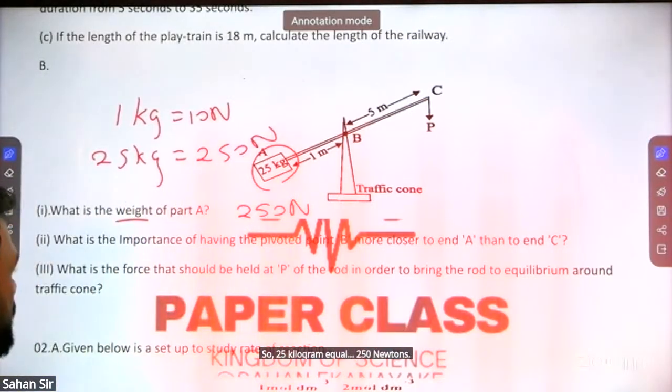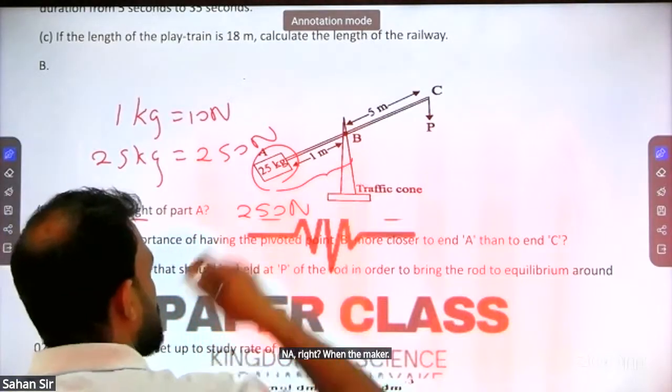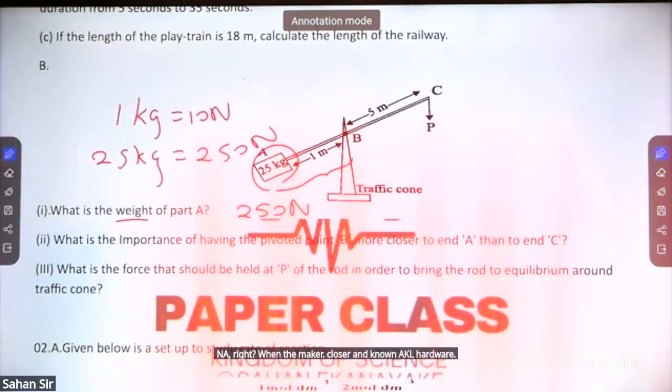What is the importance of having the pivot point B more closer to A than C? When the pivot moves closer, what happened?